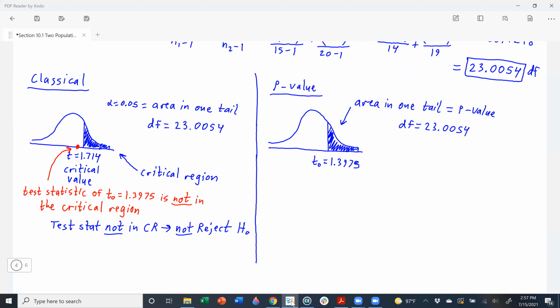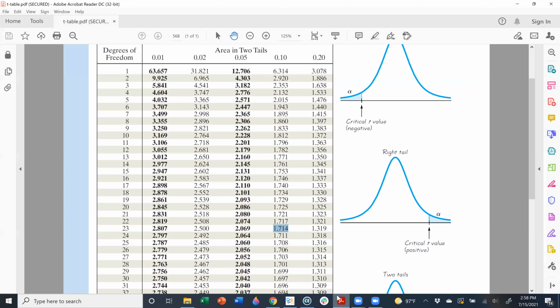Okay, so let's go back to our table, and the table is just going to give a p-value in between two values most likely, so I'm definitely going to pull up a couple forms of technology to find that precise p-value. But degrees of freedom 23, and then we just need to find the area in one tail that would correspond to this t-score, 1.3975.